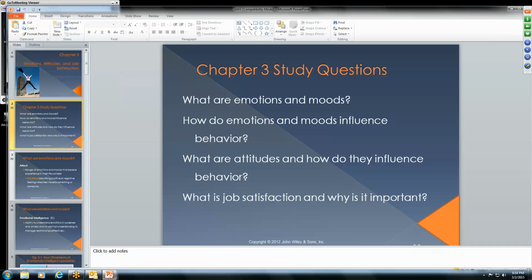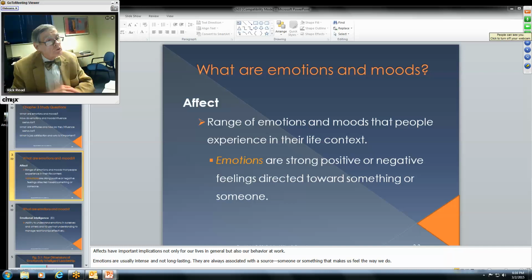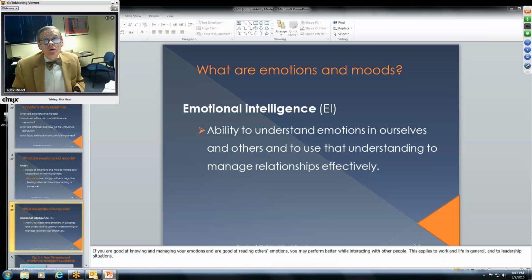In fact, what it talks about here is a range of emotions that we experience throughout the day. And emotions are strong feelings, one way or another, about someone or something. Emotional intelligence is a unique ability to not only understand our own emotions, but to understand those of others as well.